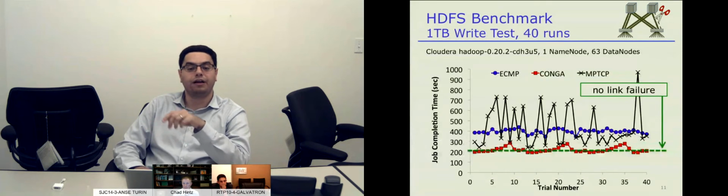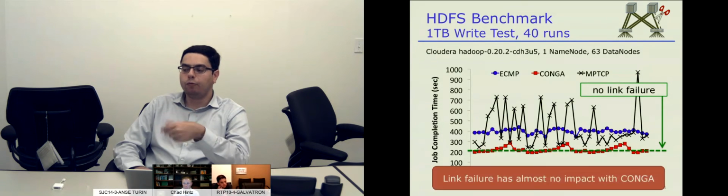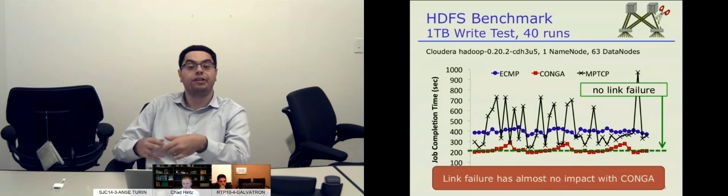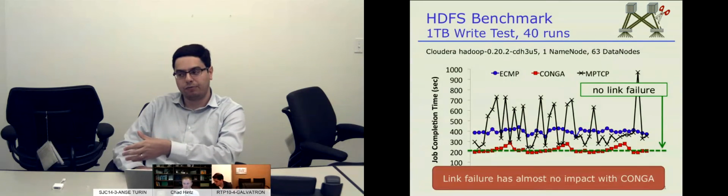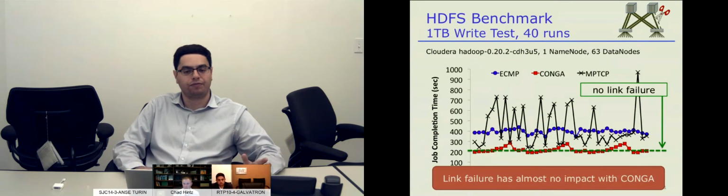That's the green line there. And you can see for CONGA, which is the red line, that even with the link failure, it completes in almost the same time as it would without any link failure. The link failure doesn't have any impact because CONGA is able to move the traffic away from the link failure and balance the traffic accordingly.